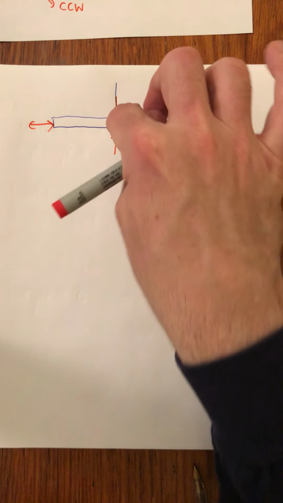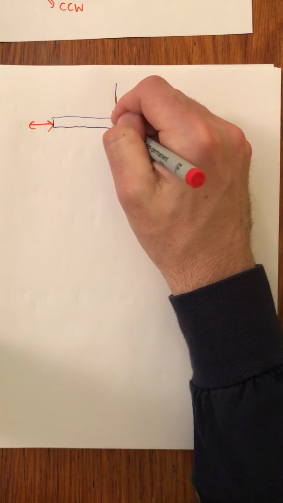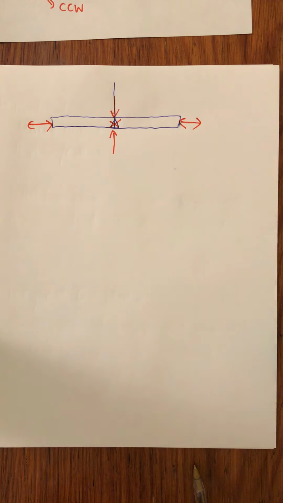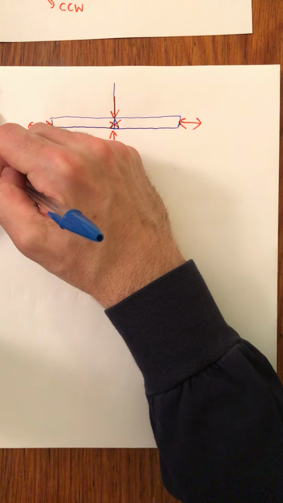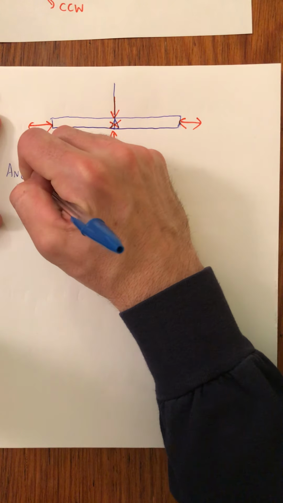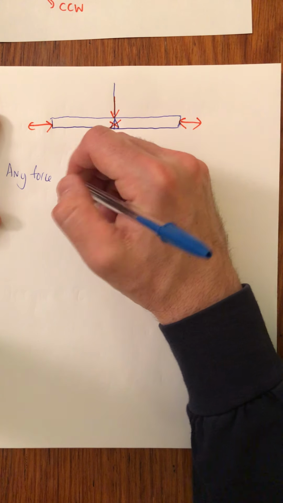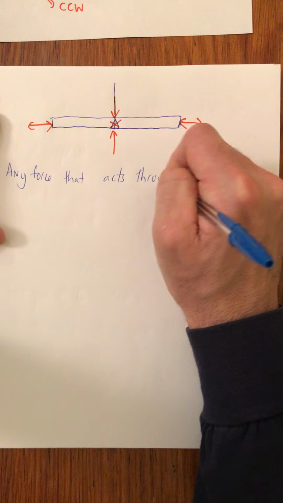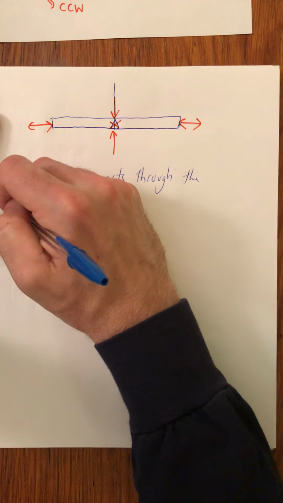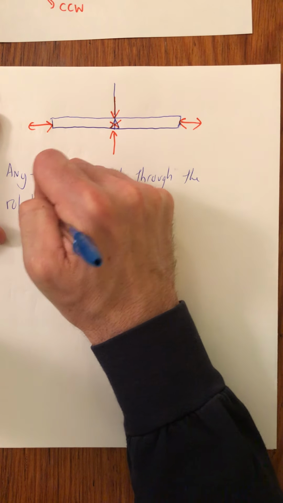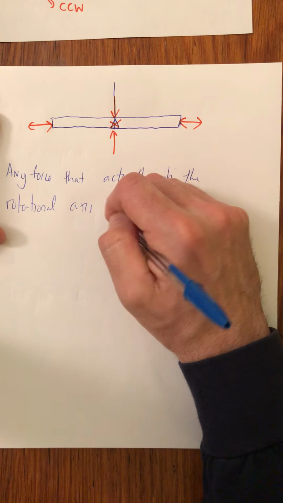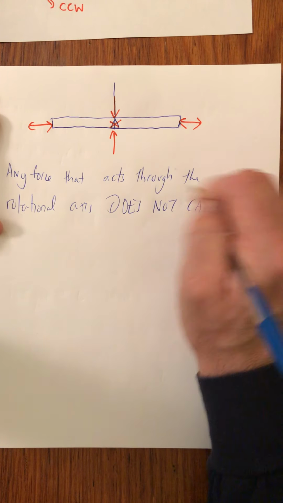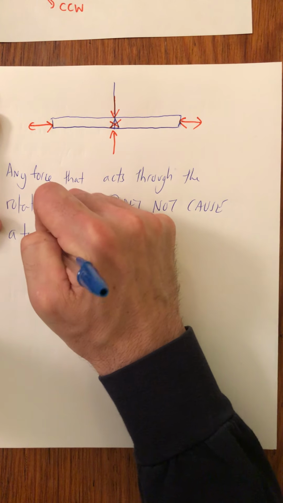Now, another thing I did was I pushed on this, and so I can draw an X there to represent that push. Notice here that any force that acts through the rotational axis does not cause a torque.